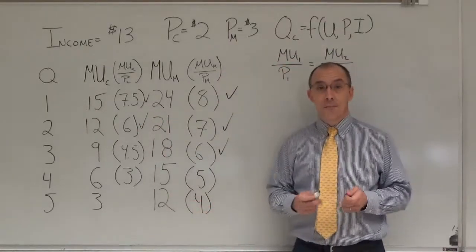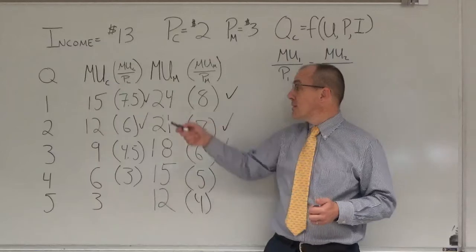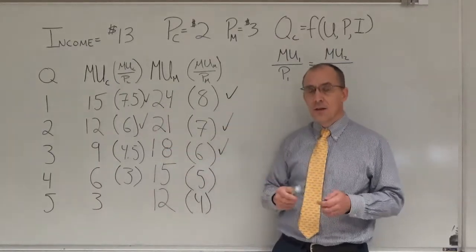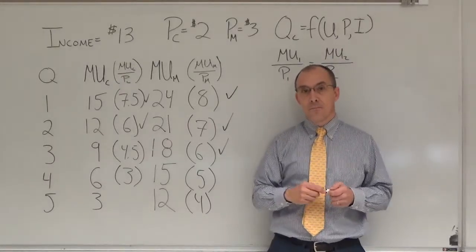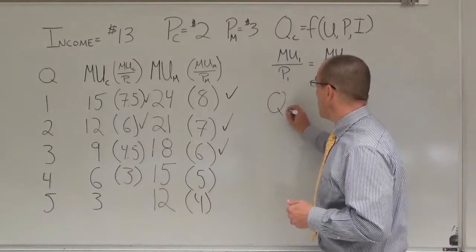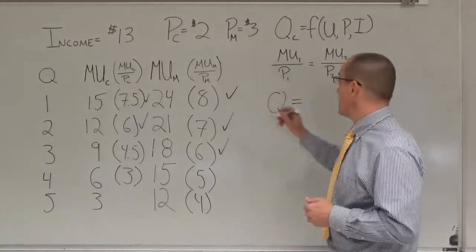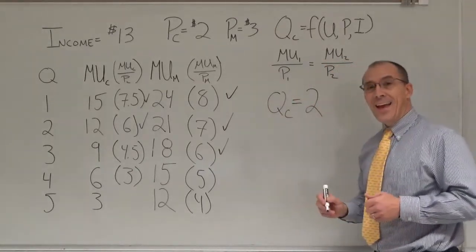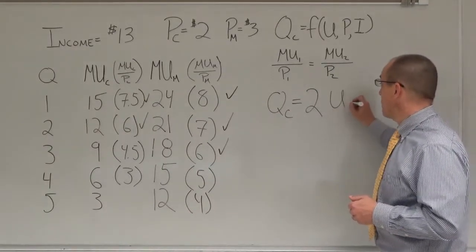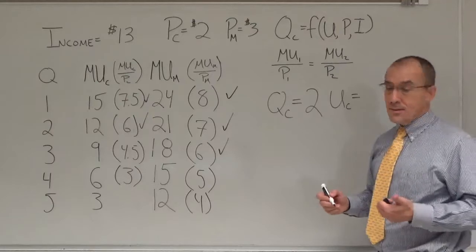So in this case, because of the increase in price of cookies, he has reduced his consumption of cookies. He hasn't changed his consumption of milk, right? In this situation, the quantity of cookies that he has consumed has now gone to 2, and his utility from cookies obviously has gone down.